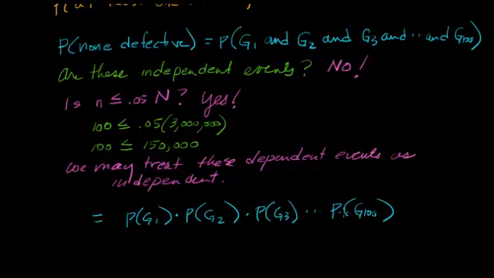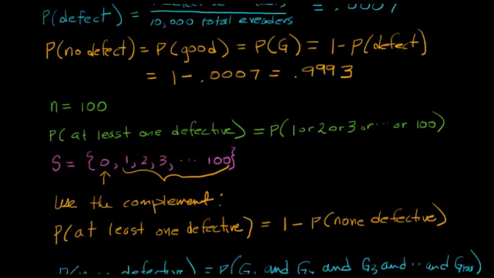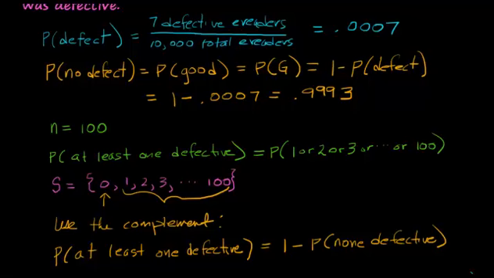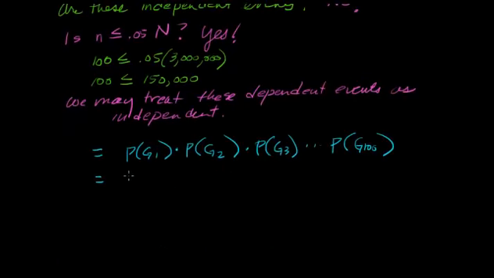But because these are being treated as independent events, then I can look back. What did I say the probability of one good was? 0.9993. And I'm not going to write that 100 times. We've seen by now that I can just raise that to the 100th power.